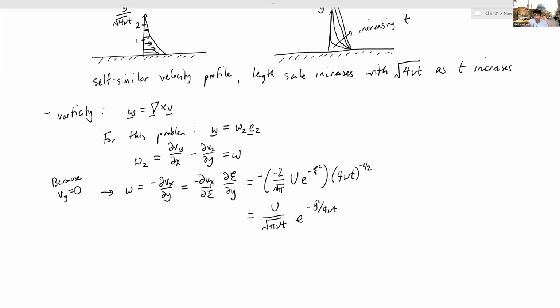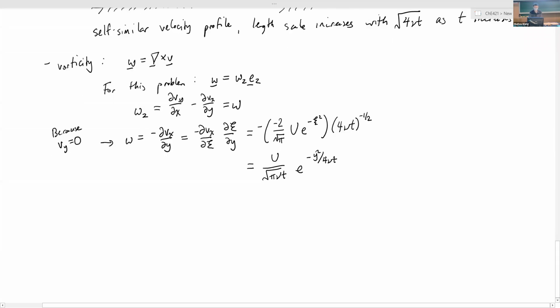It is in fact exactly a normal distribution. Now, a normal distribution has a sigma and a mean. It will look like e to the minus y squared over whatever. The mean here is going to be 0, and the sigma is what's down here. It's the square root of this value. For those of you that don't remember what the normal distribution looks like, let me go ahead and plot out a few vorticity distributions at various moments in time.